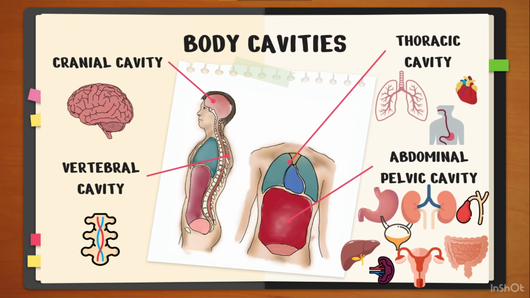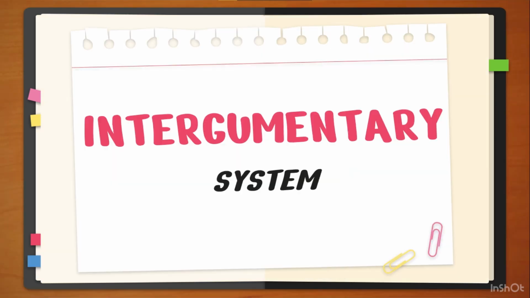And the abdominal pelvic cavity contains the stomach, liver, spleen, gallbladder, small intestine, large intestine, urinary bladder, kidneys, and the reproductive system.